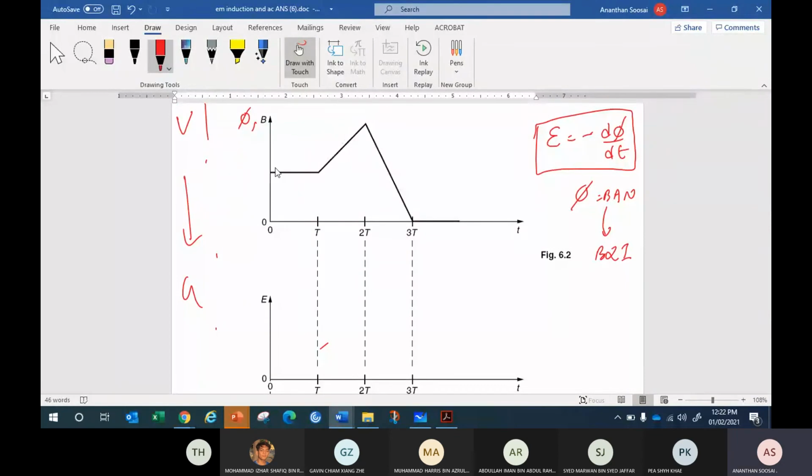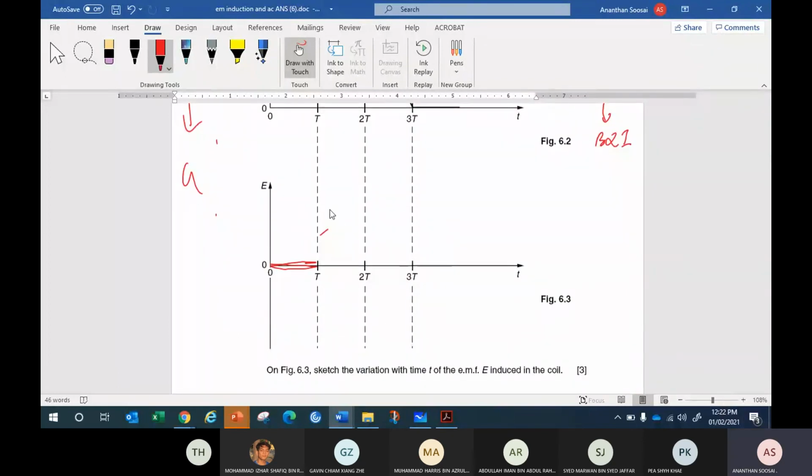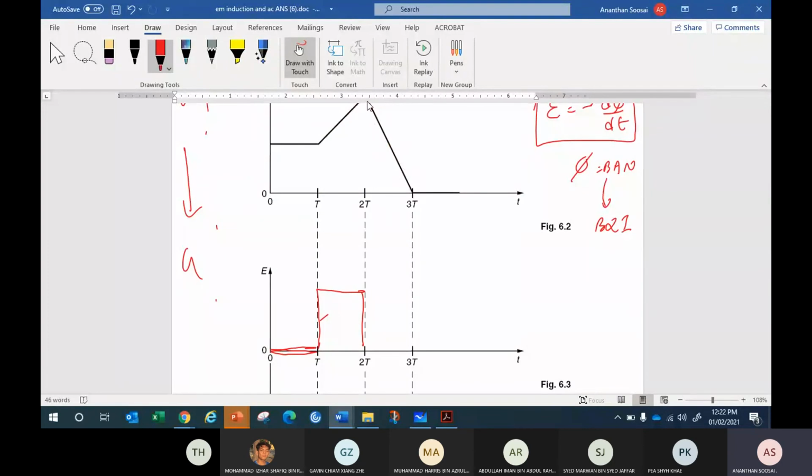Here the velocity is constant, so acceleration will be what? Zero, right? Then here the gradient of the velocity is the acceleration. The gradient is positive, so the acceleration graph is going to be up here, positive and constant. Then here the velocity is decreasing constantly, so a negative gradient.